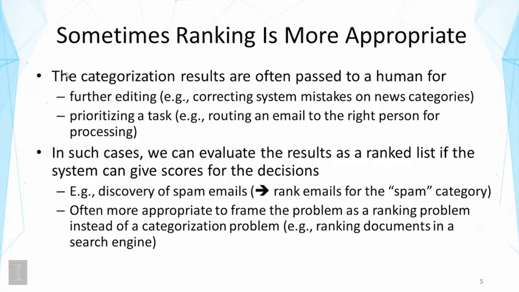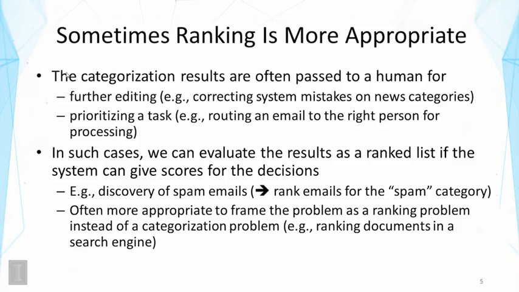If the system can give a score or confidence to the categorization decision, then we can use the scores to rank these decisions and evaluate the results as a ranked list, just as in search engine evaluation, where you rank the documents in response to a query.